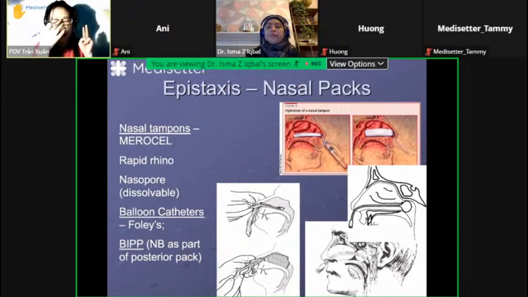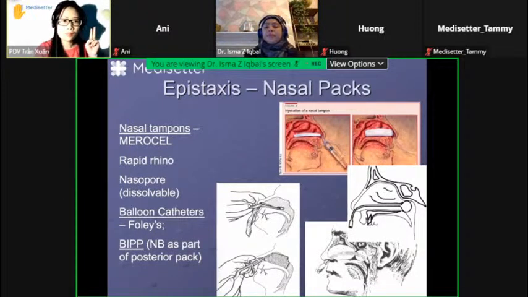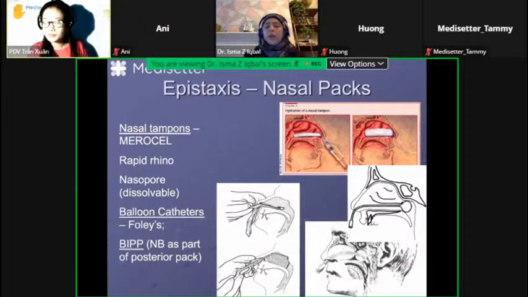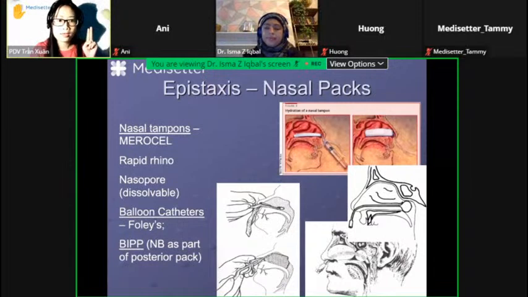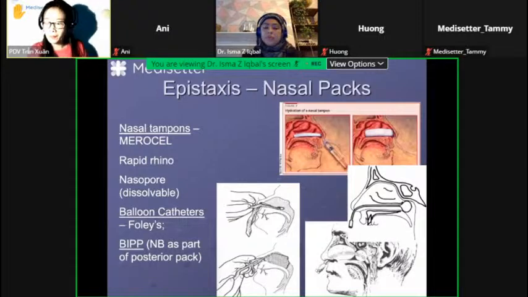And it has a connection where you can push air into the balloon on the inside so that it can put pressure on the inside of the nose to stop the bleeding.